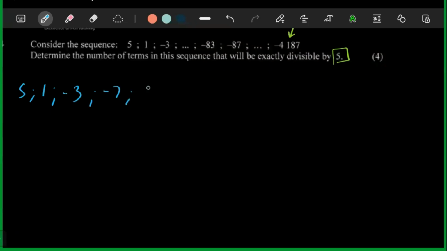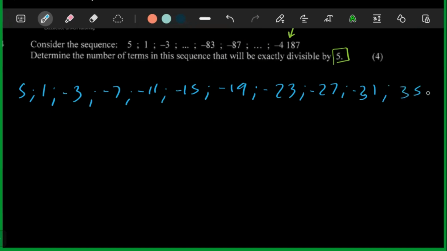-7 here, -11. We're going to jump like 4 again, right? So that's like -15, -19, -23, -27, -31, -35, going on and on.